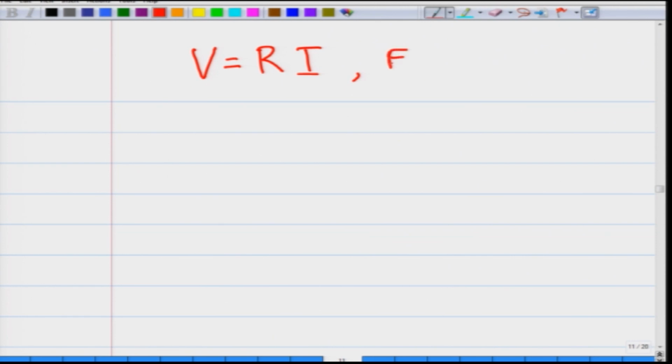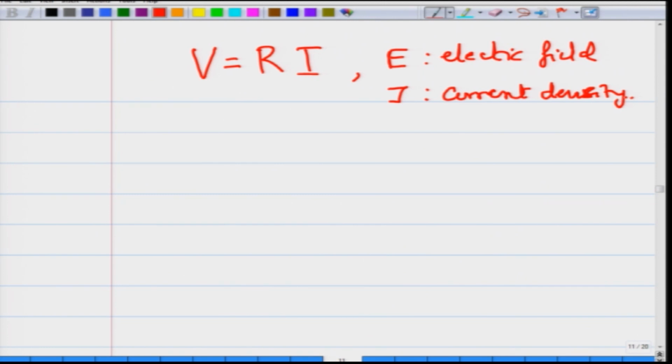If E is the electric field and J is the current density, then you can recast this expression, where electric field is volts divided by the length of the metal over which the voltage is being applied.